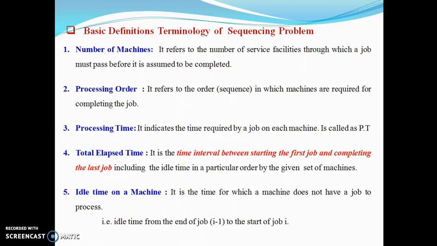Processing order refers to the order in which the various machines are required for completing a job. Third one, processing time. Processing time is the time that each job requires at each machine.